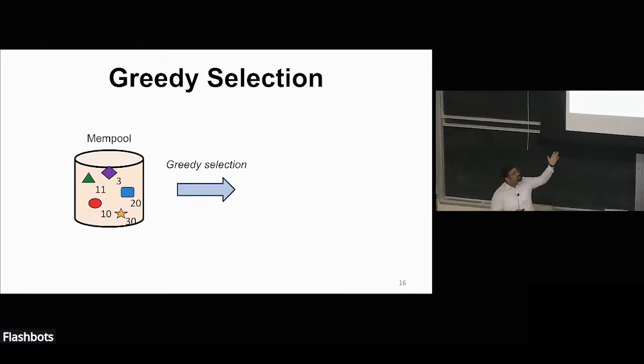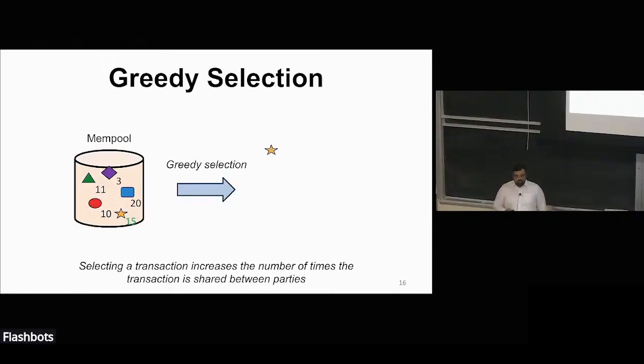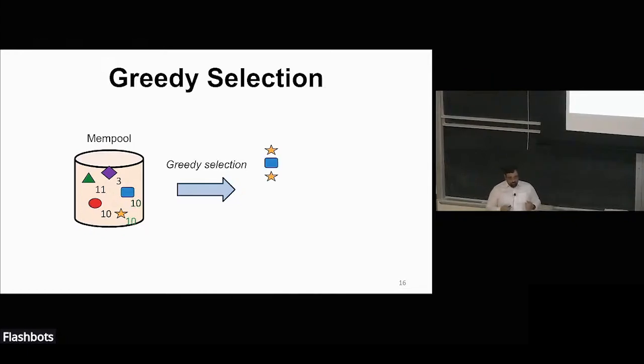We see that star is giving the highest utility to each party, so star is chosen. Then we update the utility that star is providing because one instance of star has already been chosen. And we repeat the greedy selection over and over again until we have the desired number of transaction instances selected.